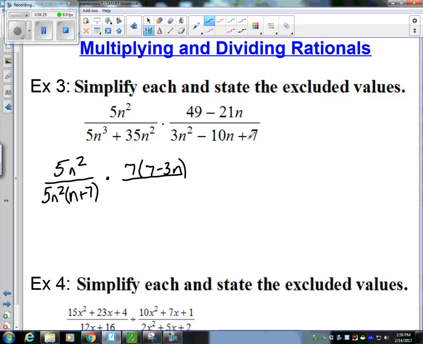This is how to factor it. Not all of you probably factor this way, but this is a surefire way to always get it rather than guessing and checking. So I did a times c, 21. What two numbers multiply to 21 that'll add up to negative 10? That's negative 3 and negative 7.